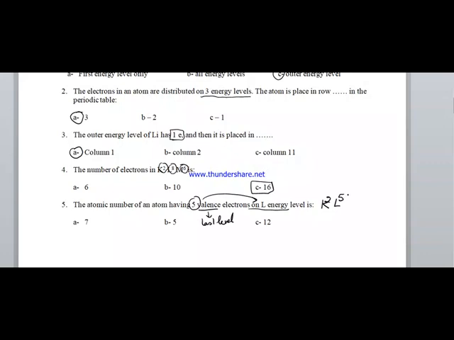The total number of electrons in this element is 7, so the atomic number is equal to 7.